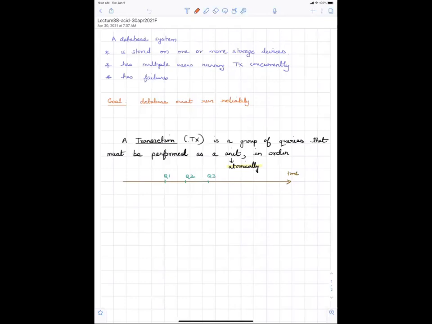Again, the definition of a transaction. So far we've always done queries one after another, but a transaction is actually a group of queries that have to be performed. In fact, we've seen transactions before, even though you were not aware of it: things like foreign key constraints and triggers.